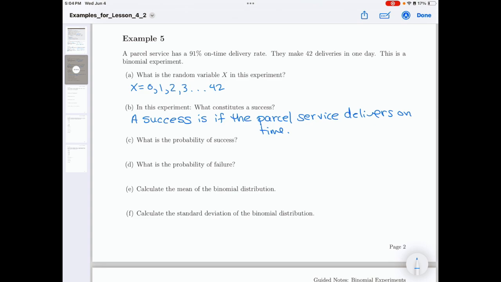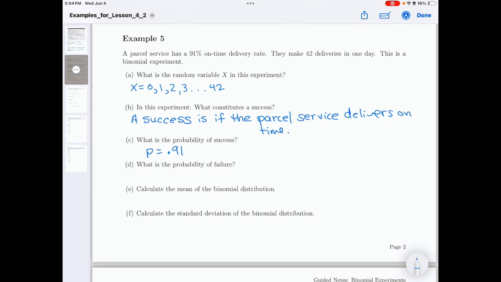What is the probability of success? Since it says that the parcel service has a 91% on-time delivery rate, we can say that P, which is the probability of success, is 0.91.